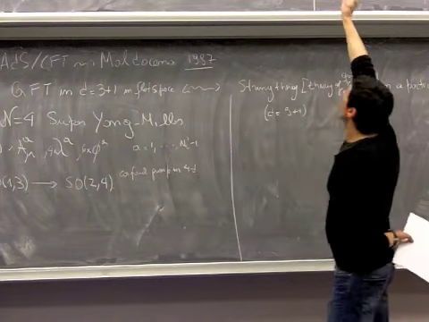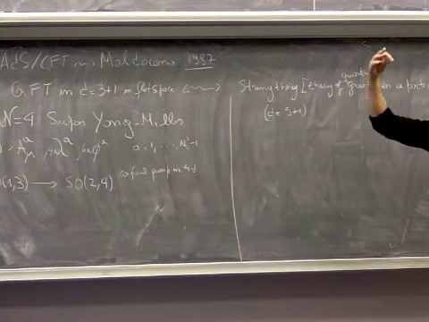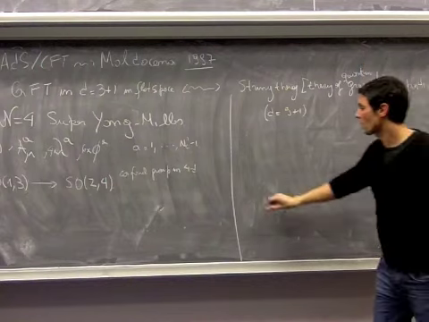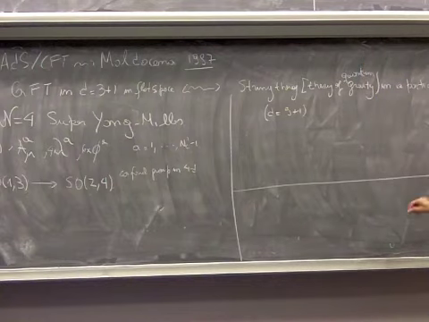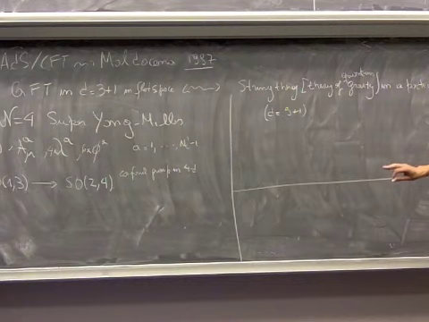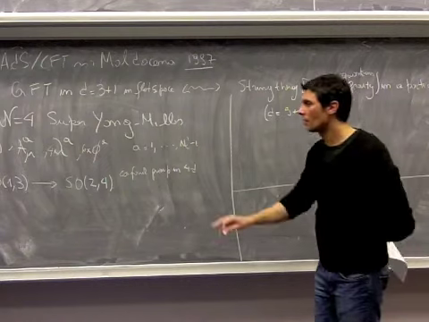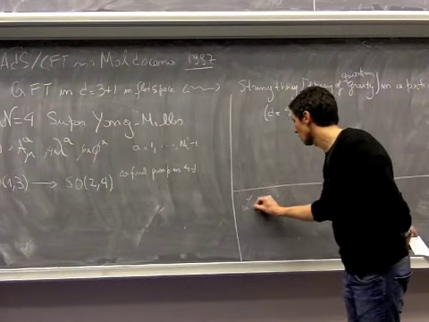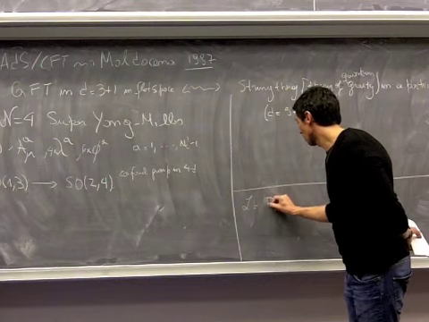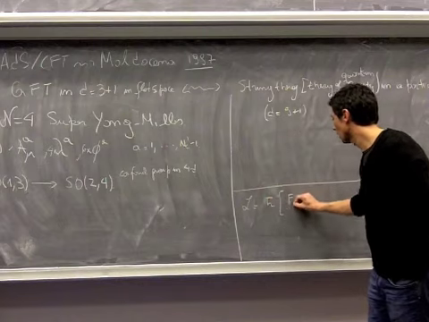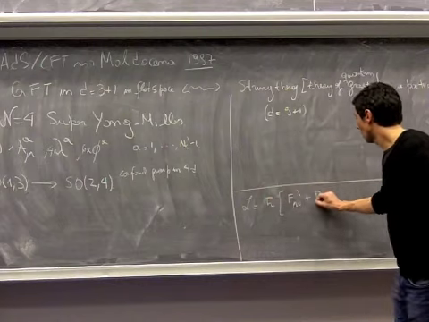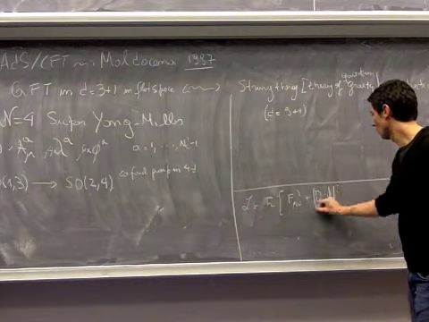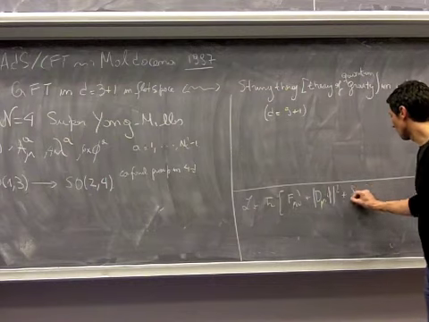Before, I was saying we will really not care about the precise Lagrangian of these theories. In this case too, at least in these lectures, we will not care about the precise Lagrangian, but it goes as you can imagine. You will have a non-abelian gauge field, dynamics for the scalars, and dynamics for the fermions.